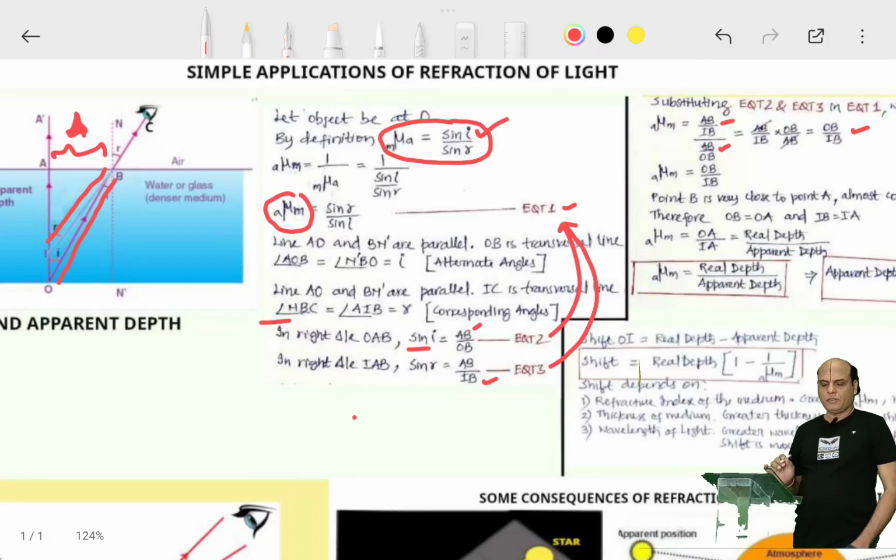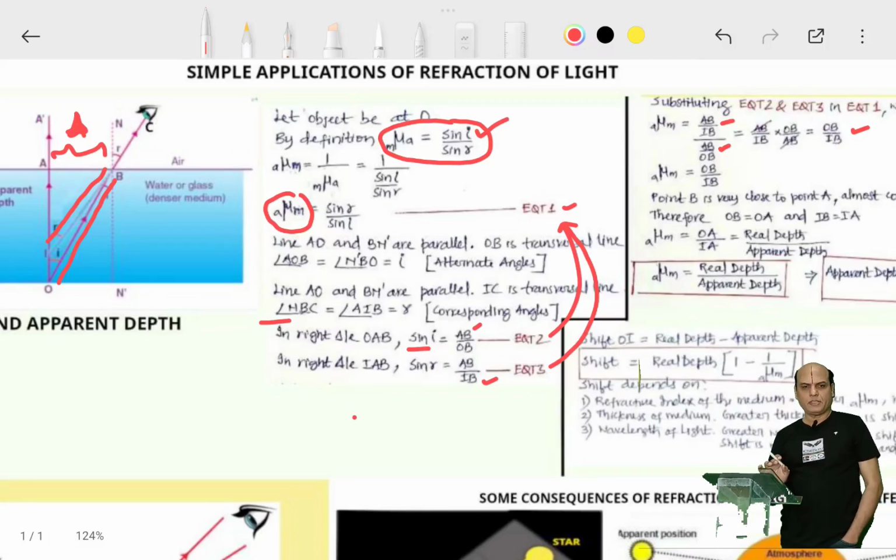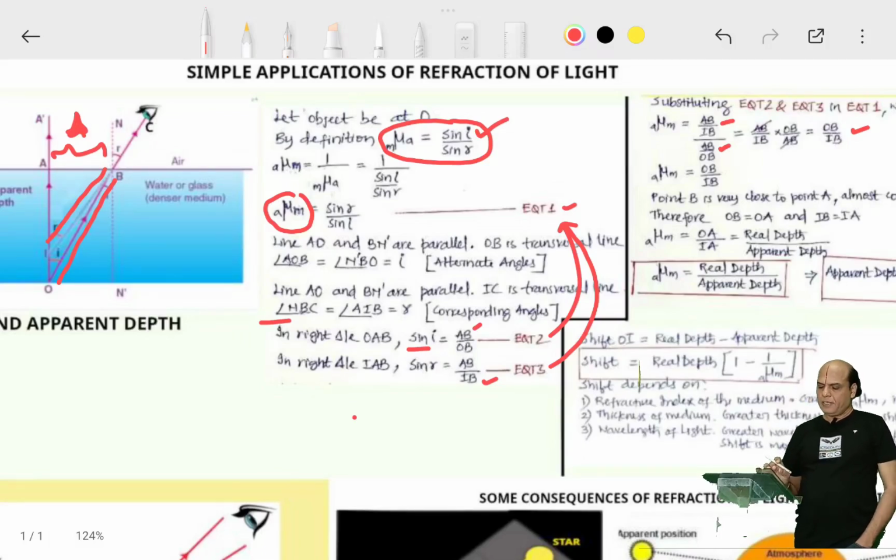That means the incident ray OA and the incident ray OB enter the observer's eye together. So this distance AB is very small. For all practical purposes, we can think B coincides with A.